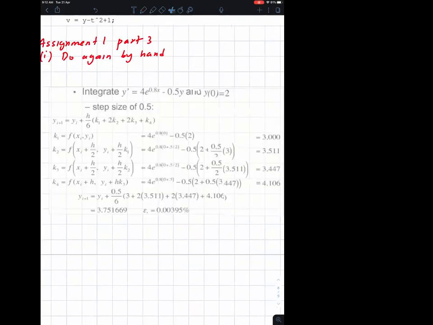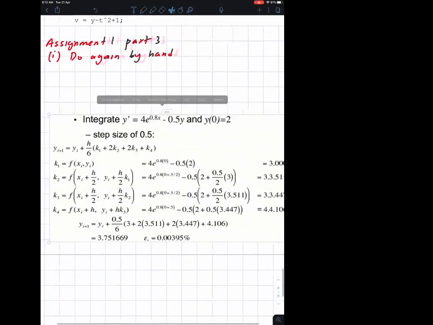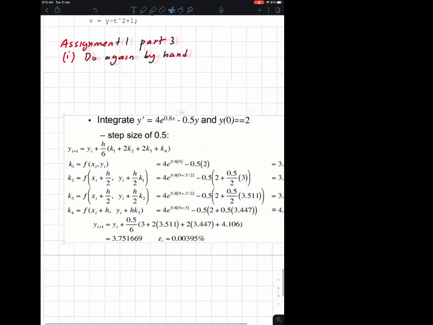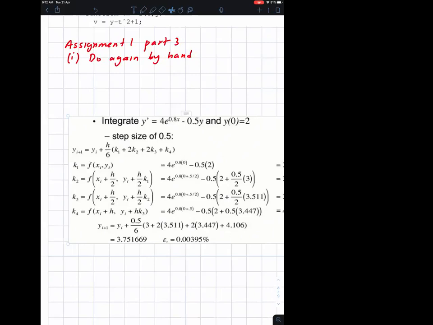Do it again by hand, and then verify with MATLAB. Tabulate your answer.